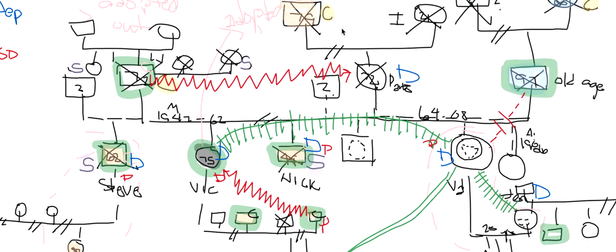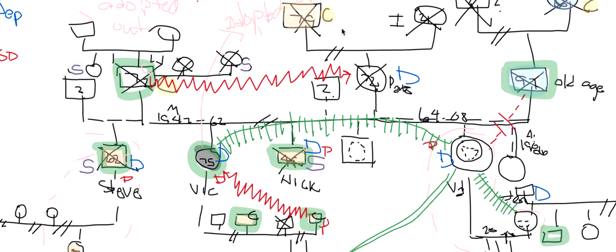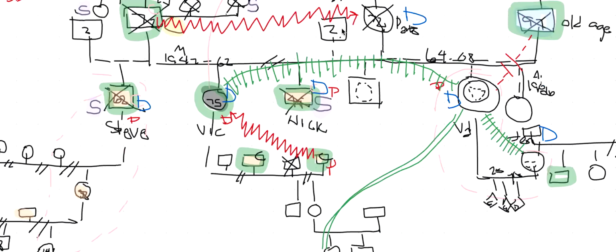Okay. Oh, where is fused? My mother and my brother were so freaking fused. It was ridiculous. Fused. Three red lines for fused. My mom and Nick. One, two, three.